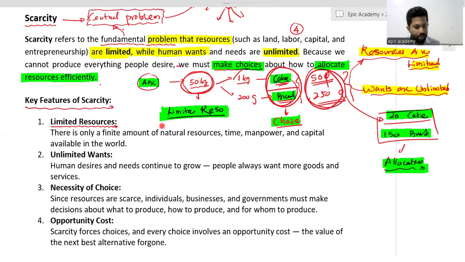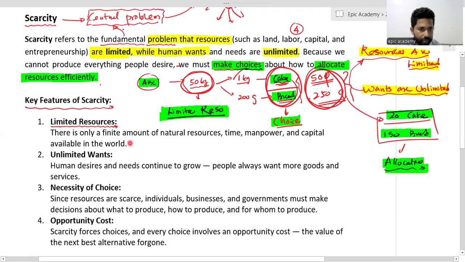And then, just consider there are only finite amounts, that means limited amounts, of natural resources, time, manpower meaning labor, and capital meaning machinery, equipment, buildings and other things which we can use to produce goods and services. It is limited.